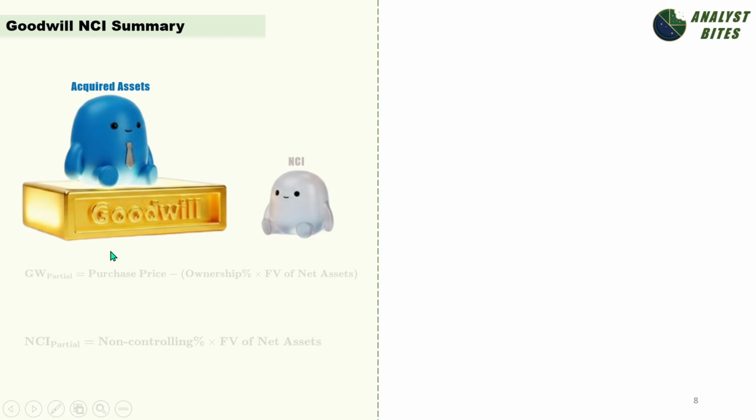As you can see in the formula, partial goodwill is simply our purchase price minus our percentage share of the subsidiary's net assets. Because goodwill is only for the parent, the NCI stays simple. It's just its share of the net assets fair value.